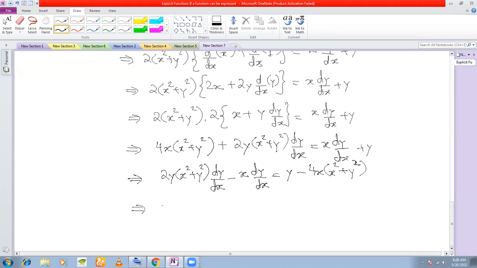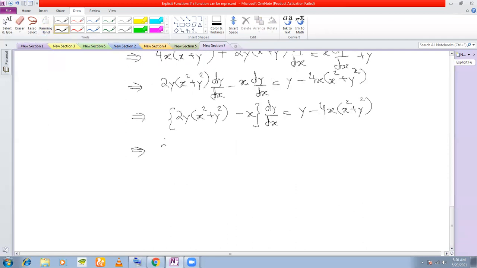That means now you can take dy dx common. 2y x square plus y square minus x dy dx is equal to y minus 4x into x square plus y square.